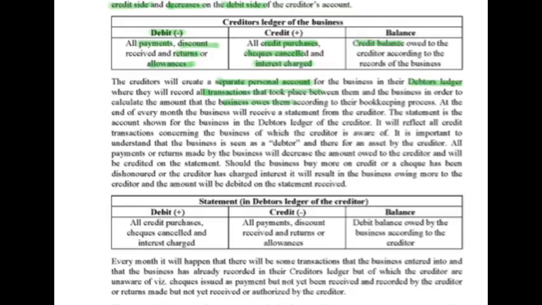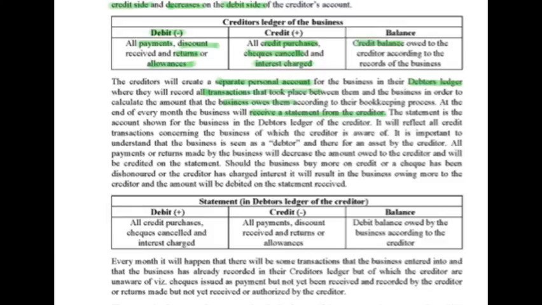So at the end of the month, the business will receive a statement from the creditor. This statement is the account shown for the business in their debtors ledger of the creditor. So in other words, it will reflect all credit transactions concerning the business of which the creditor is aware of.